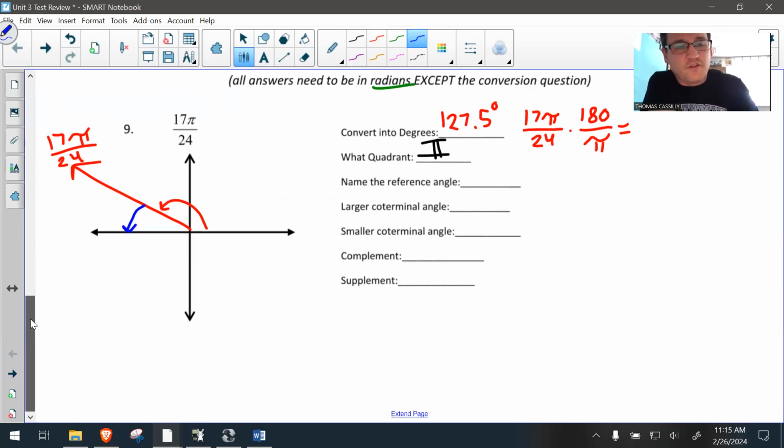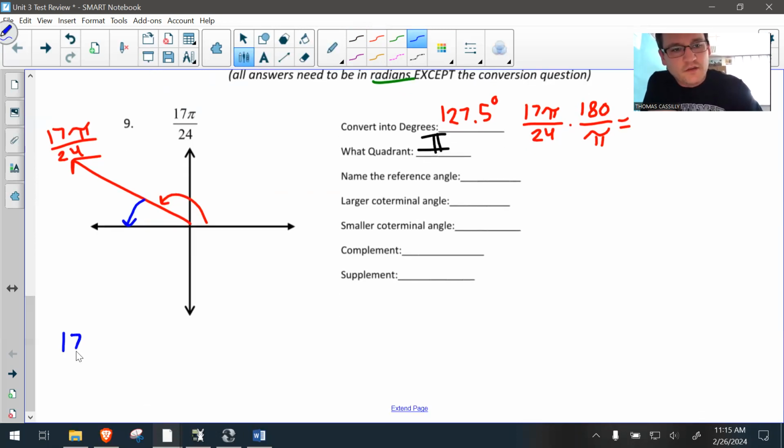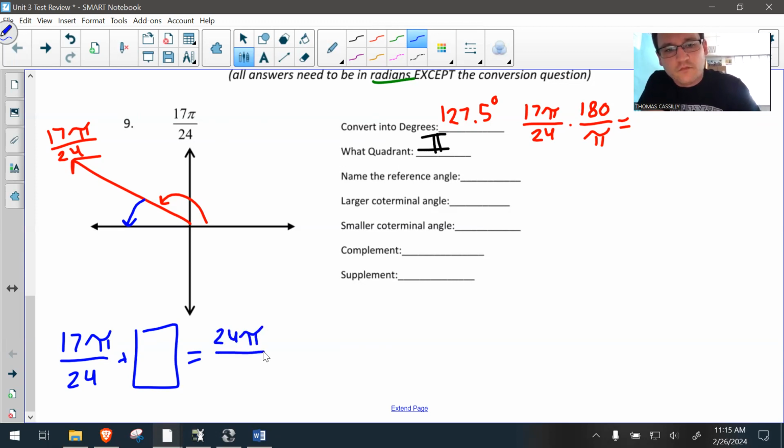All right. So what's going to get us to a full pi? So you think 17 pi over 24 plus what gets us to 180 degrees, or in this case, 1 full pi. So 24 pi over 24. All right. So 17 plus what is 24? That's going to be 7.